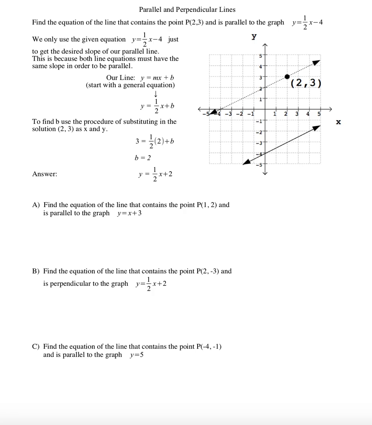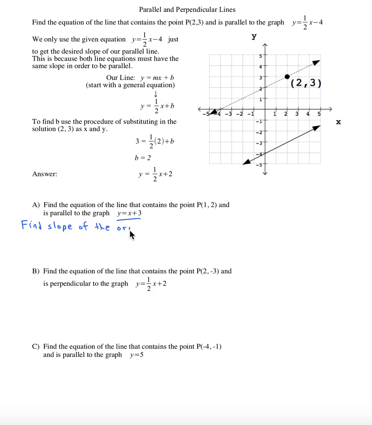Let's find the equation of a line that contains the point (1, 2) and is also parallel to the graph y equals x plus 3. So the only thing that we use this line for is to find the slope of the original line.